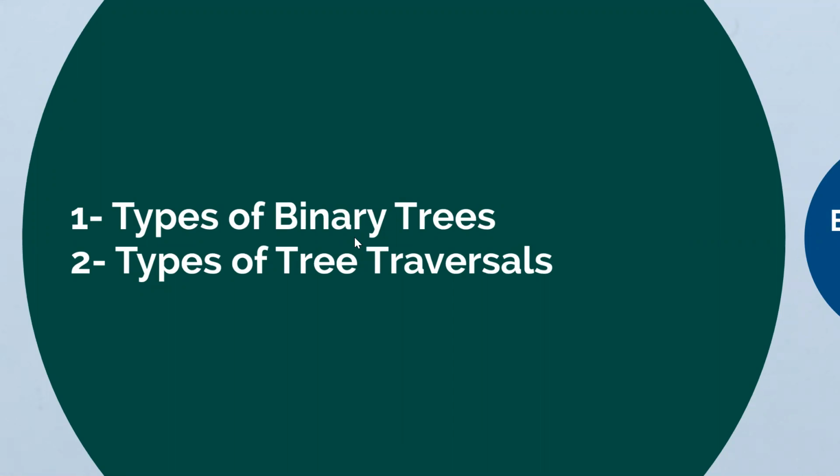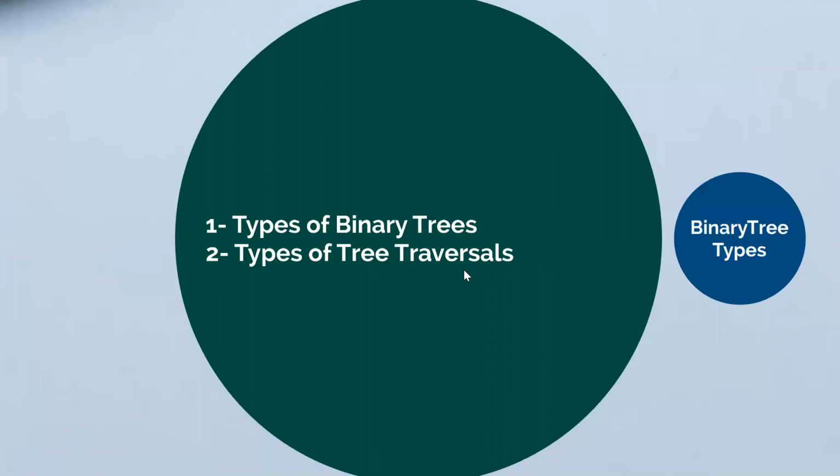Only these three are the possible cases. Then I will be teaching you about binary tree traversals. Generically we can say tree traversal, but here we are confining it to binary tree traversal. So what are the different types of binary tree traversals? We will be looking into those also.